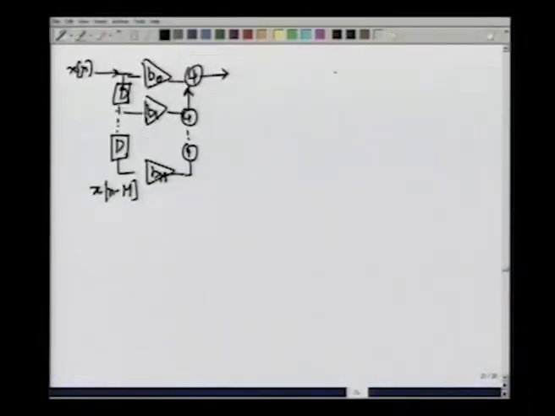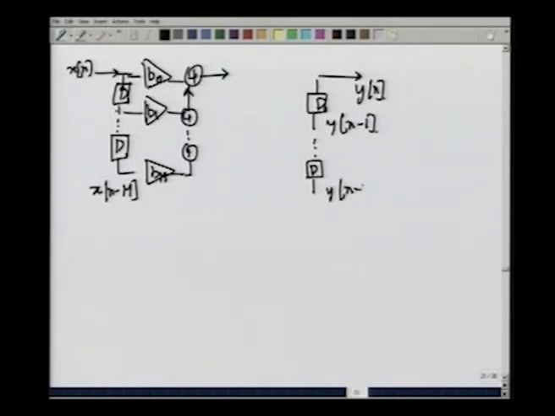So, now I will assume that y[n] is available over here, the same trick that I played before. y[n] is available here. So, now if I put a delay over here, you find that y[n minus 1] is available and so on ad infinitum. So, you get a further delay and here you get y[n minus N]. That is what we have over here.